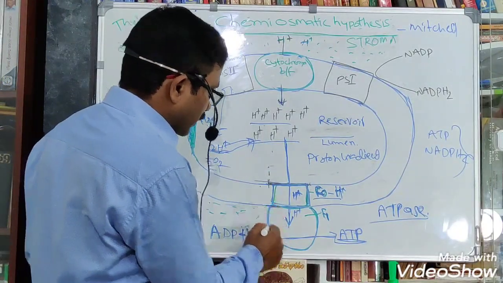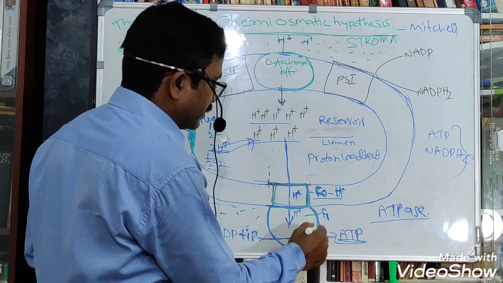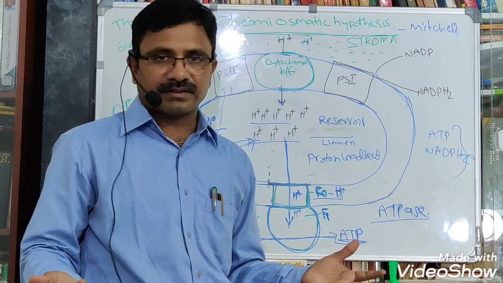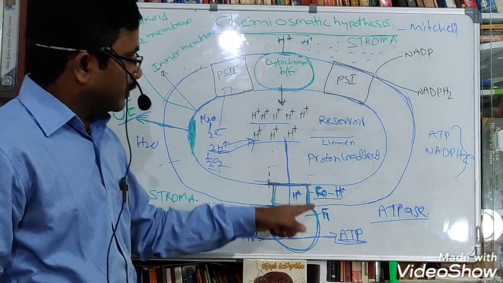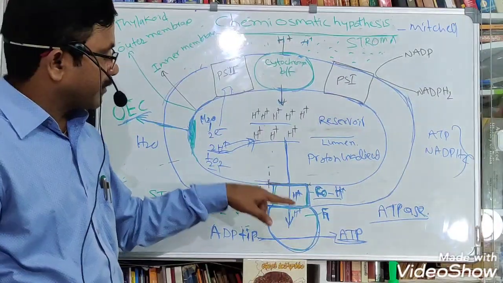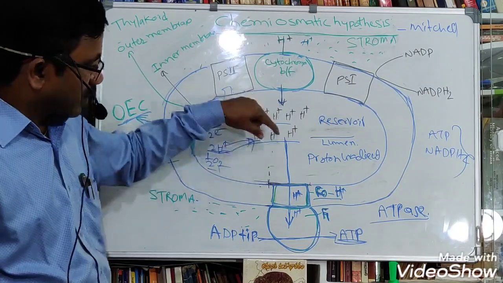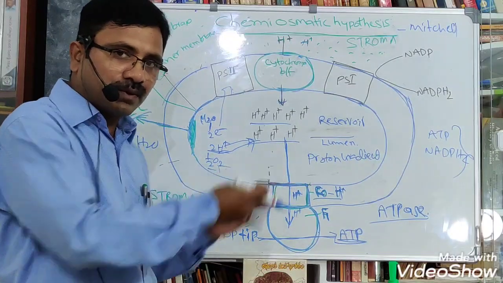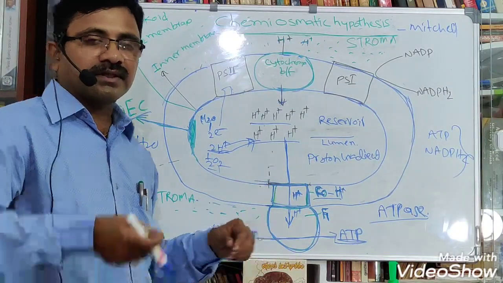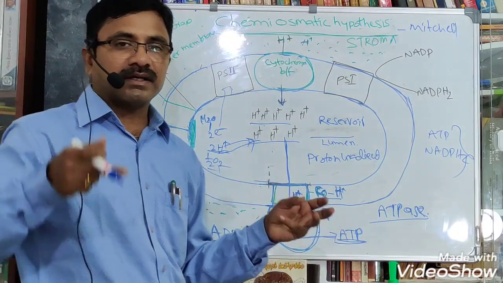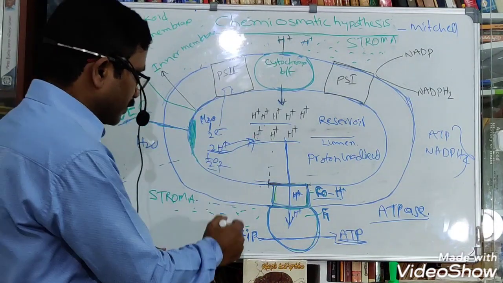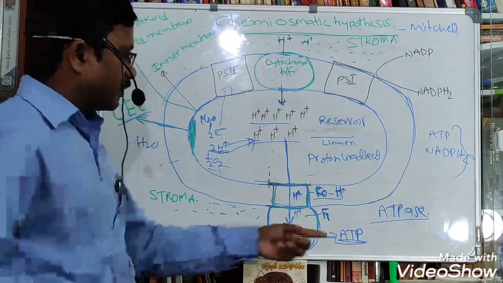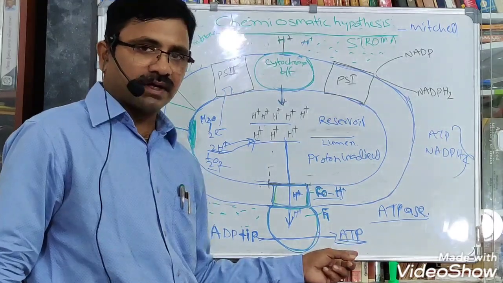Here the apical part of the ATPase is known as F1. F1 acts as the catalytic site. So the FO part of the ATPase enzyme pumps the protons from lumen to stroma. Whenever protons move through ATPase, some amount of energy is released. The released energy is utilized by ADP, and it fixes inorganic phosphate to form ATP, that is phosphorylation.